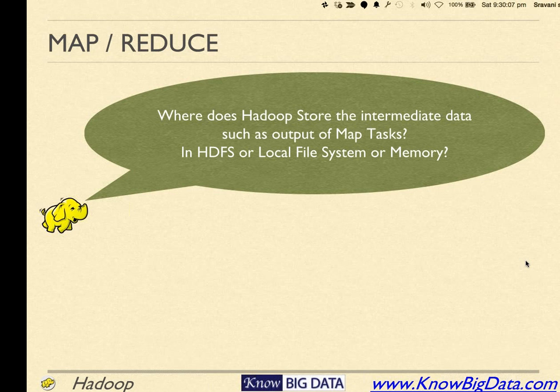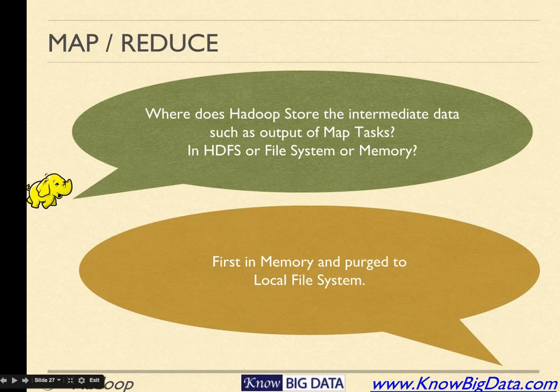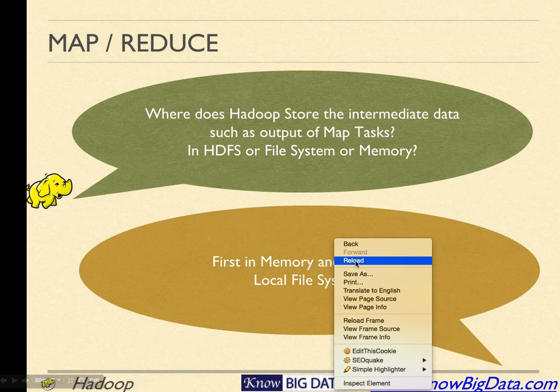All right. So the answer is that it will be in the local file system. Temporarily, the data will be gathered in memory, and it will keep on flushing it into the disk continuously.